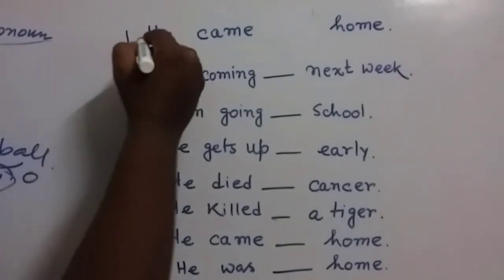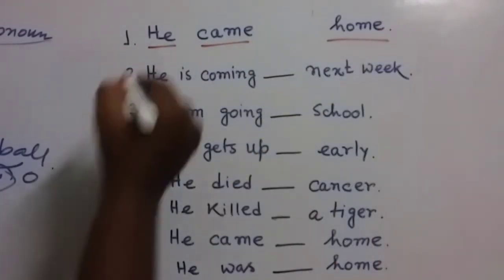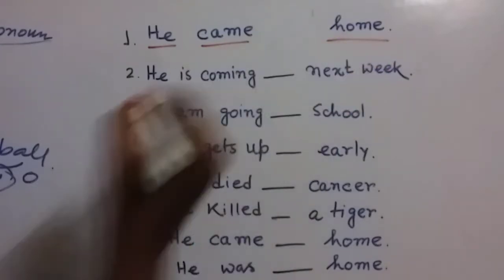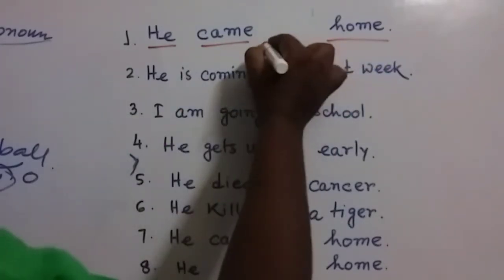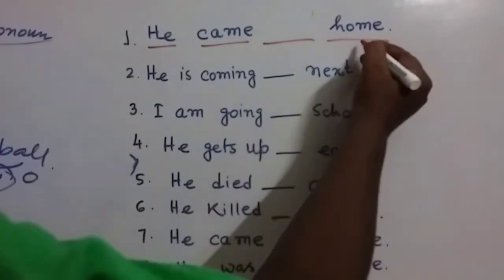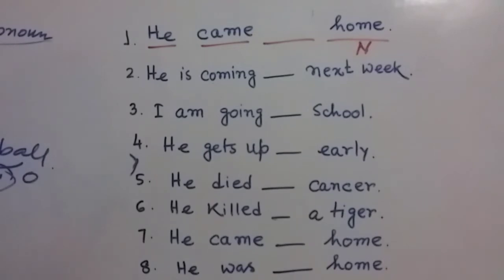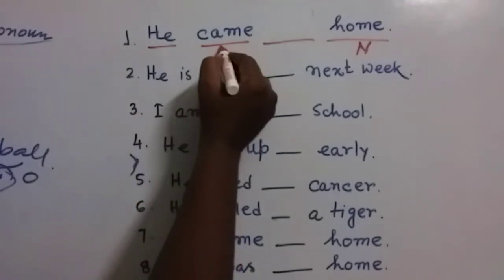At first, he came home. So this is the sentence, and there is a gap. That means if it is a noun, at that time we have to use a preposition here. Just look at this example. This is the verb.